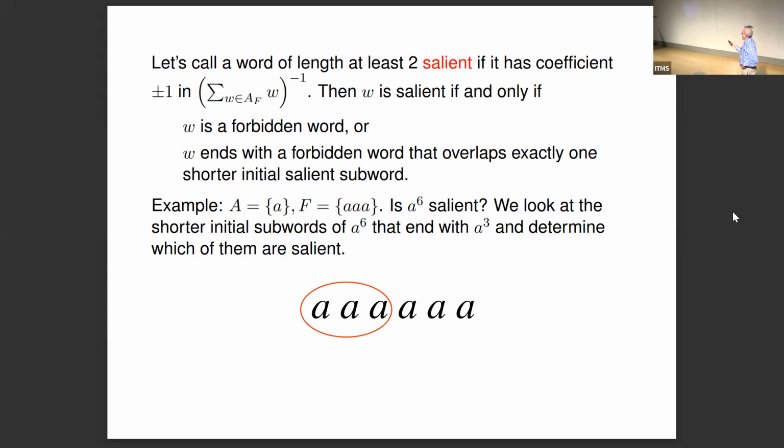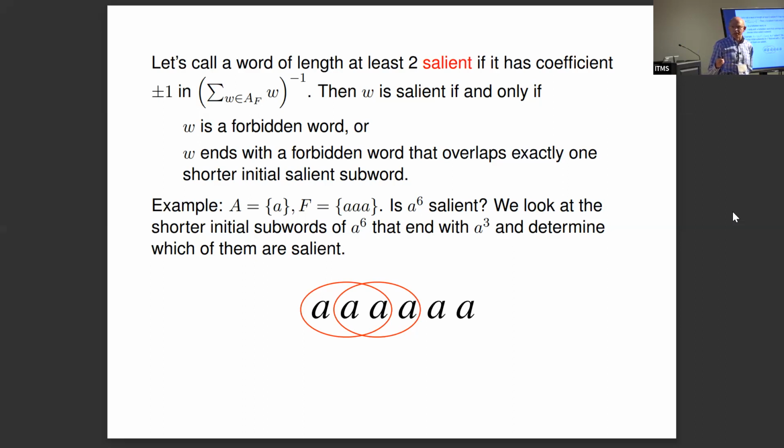The first place where we have a forbidden subword is AAA, and that's a forbidden word, so that's salient. We look at the next one, which is AAA, just moved one over. That overlaps with just one salient word, so it's salient.